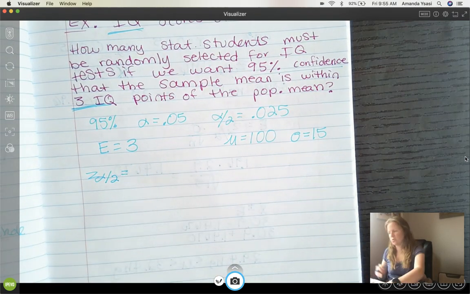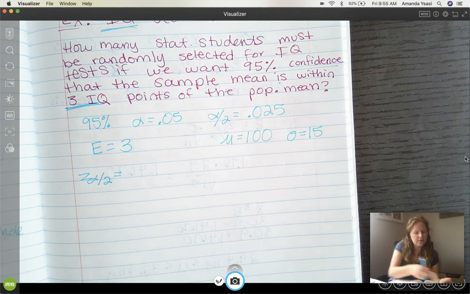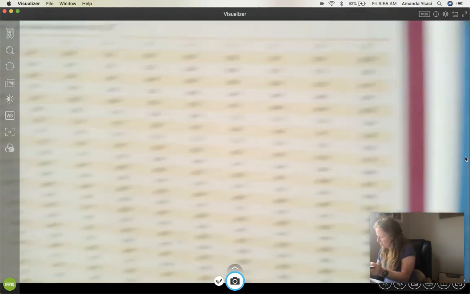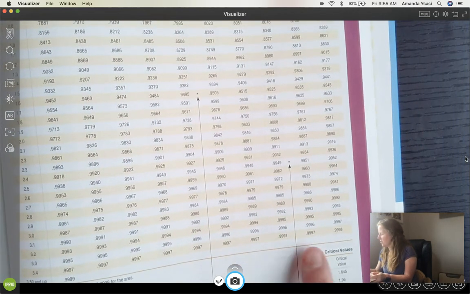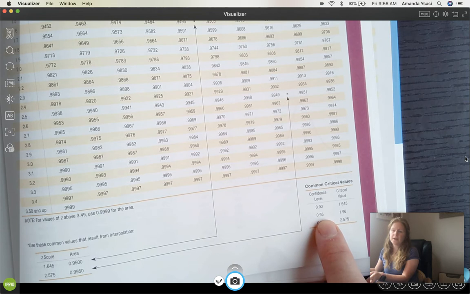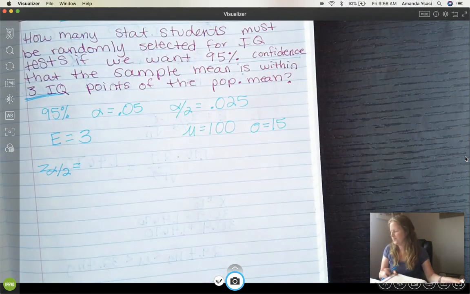Our z-score: go back to our table A2. Here are our common critical values down here. For 0.95, the critical value is 1.96, so that's what we use.